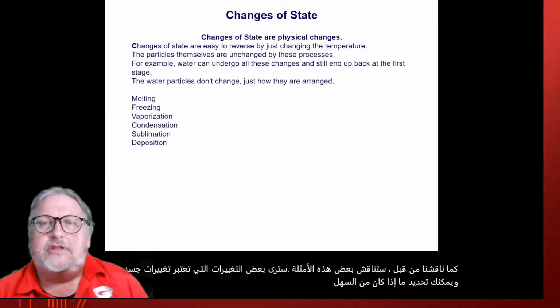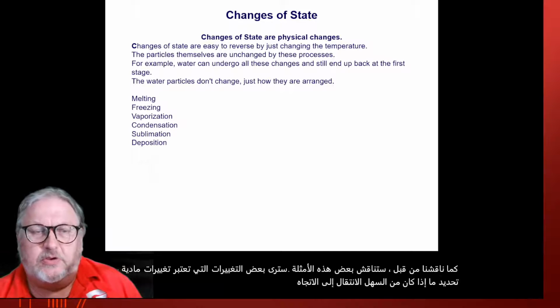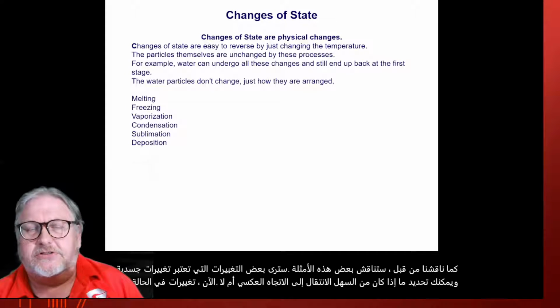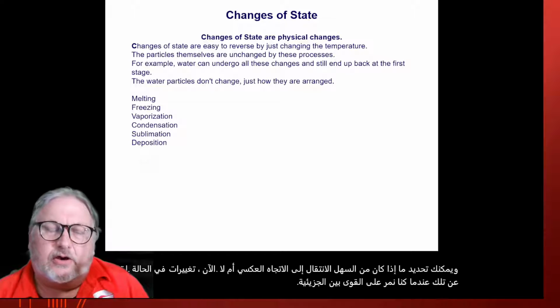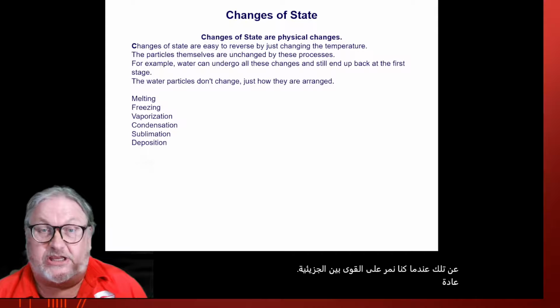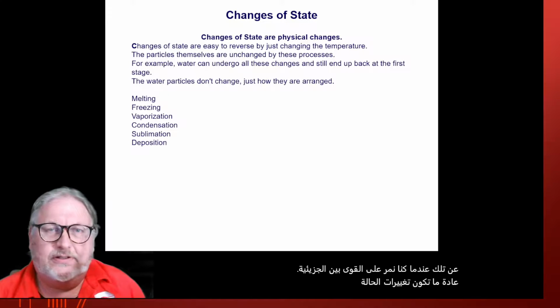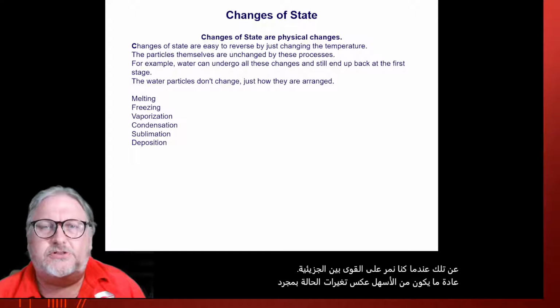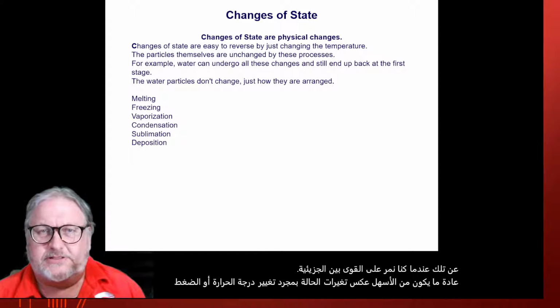Now, changes of state, we've talked about those when we were going over intermolecular forces. Changes of state are usually easier to reverse by just changing the temperature or the pressure. The particles are unchanged by the process.